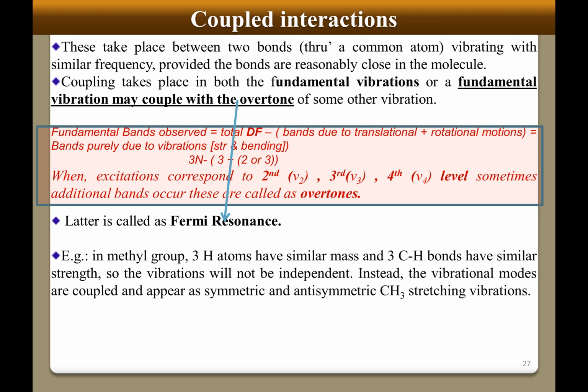Now these CH bonds are quite flexible, quite light, and they are vibrating a lot. We have seen how much they are vibrating in terms of trillions per second. So when they are vibrating, there are many chances that these are coming near each other, and along with the methyl group, they are also coming near the benzene ring.